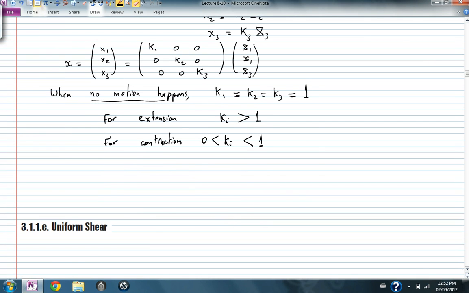The last type of simple deformation that I would like to study is called uniform shear.